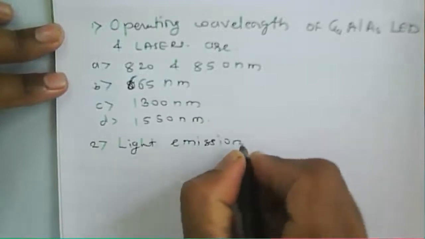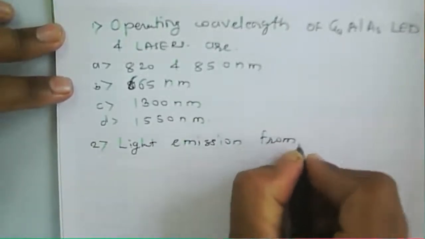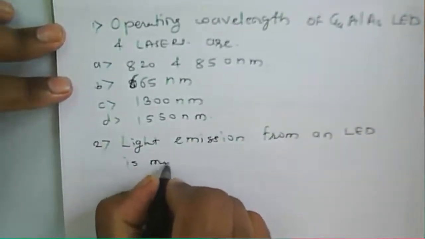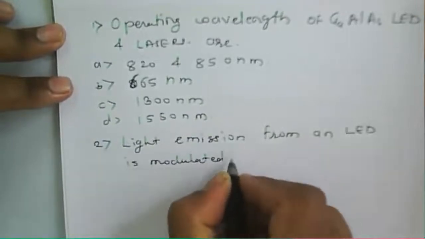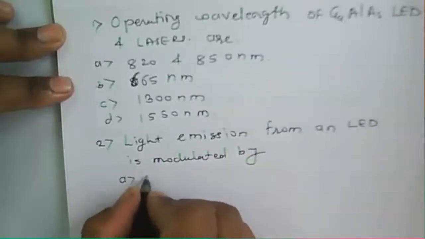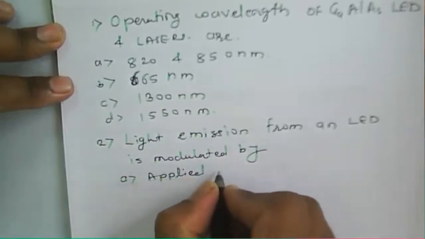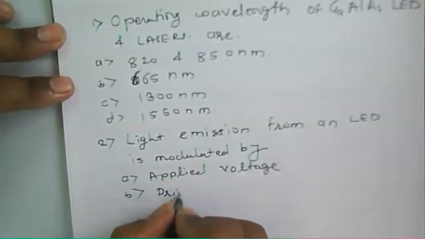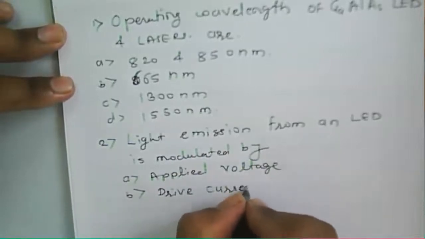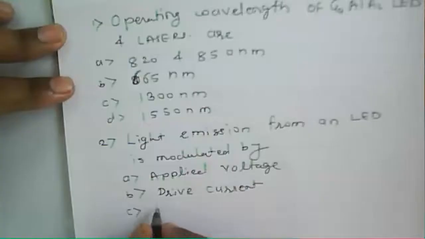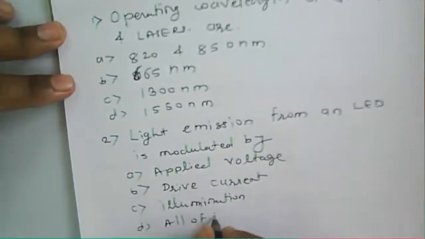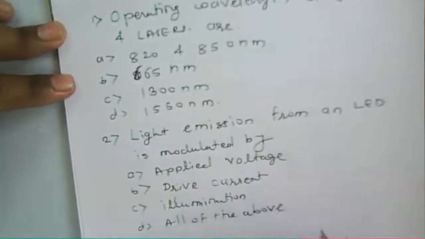The next is about light emission from an LED is modulated by: A, applied voltage; B, drive current; C, illumination; and D, all of the above.